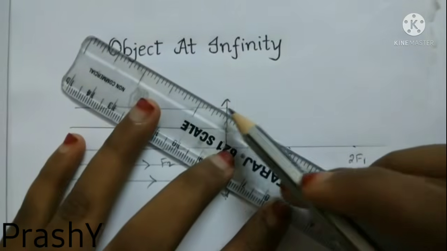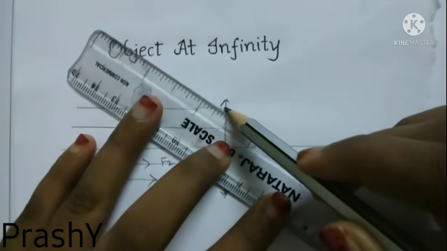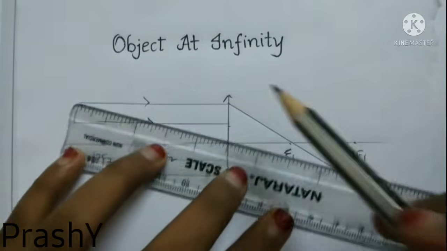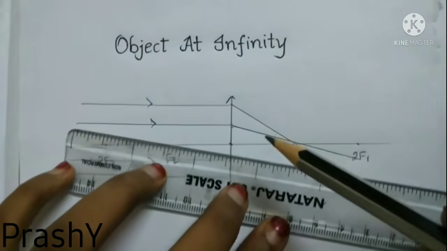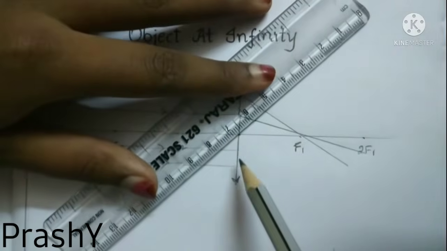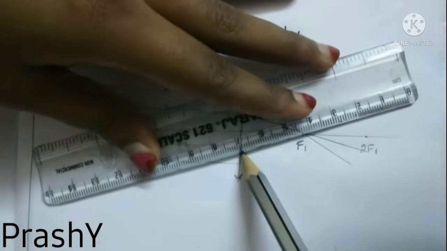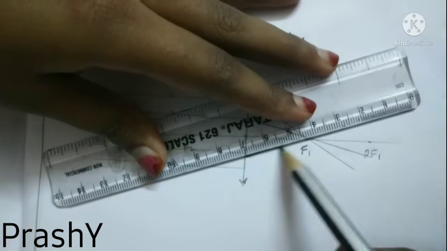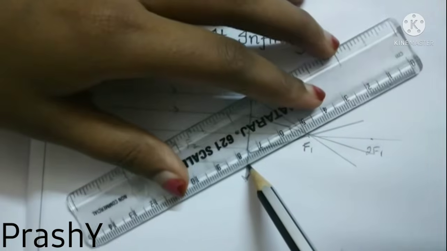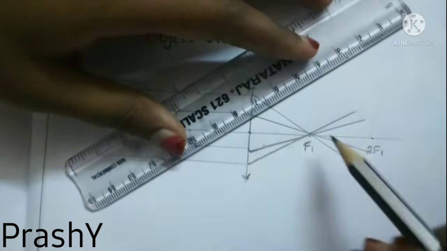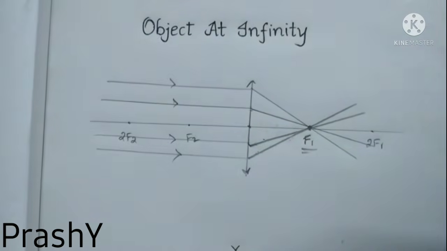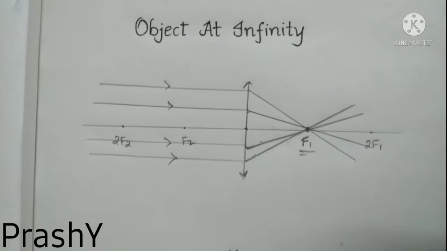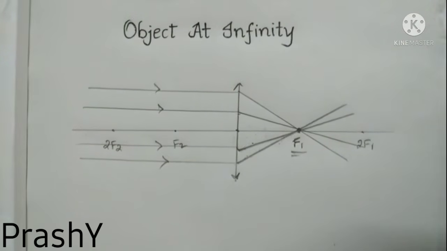These rays converge at a point on the principal axis. This point is called the focus. The lens we are using is a convex lens, so the rays are converging. So here the image forms at focus. In this case the image formed is point size.